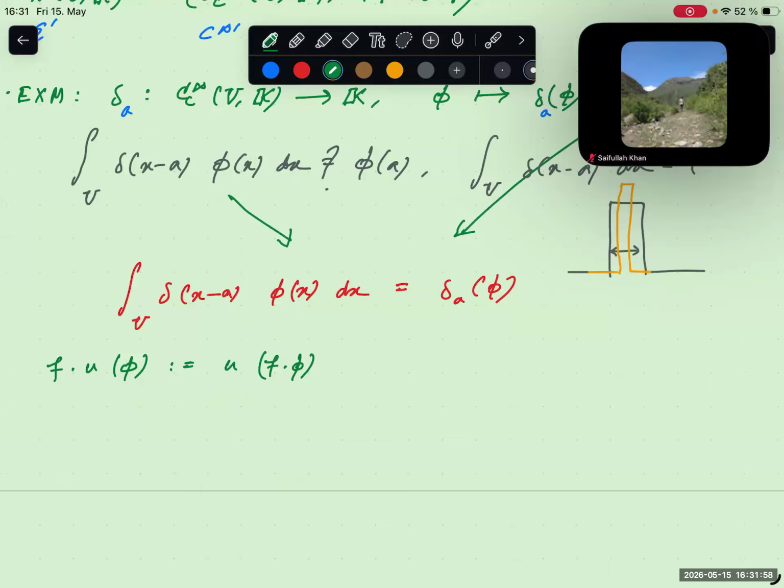Now I apply this to Dirac delta. So f of x times delta 0 of x, and then you will put, sorry, you should not write x, phi. I want to write it a bit fancier so that it's clear to you. This way.